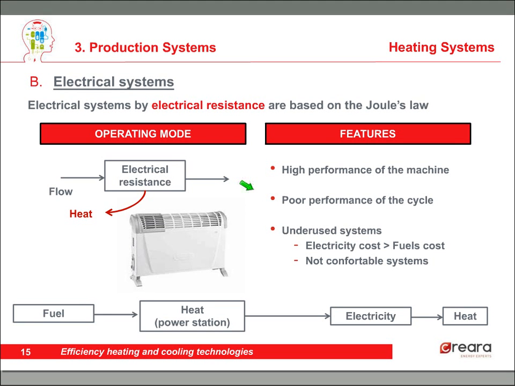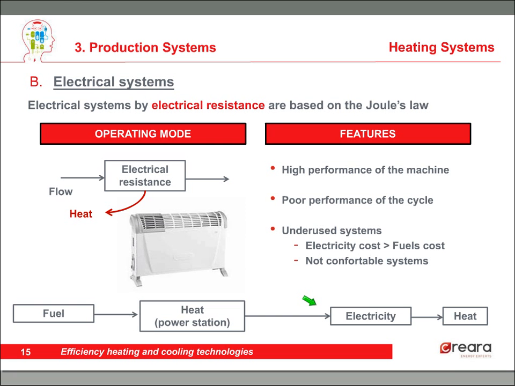The thing is that they have a very poor performance of the cycle. And what does this mean? It means that at the beginning, before having the electricity, we need to have fuel. And we burn these fuels in big power stations in the country's electricity system to make heat. And this heat is then converted into electricity and distributed through the whole country grid, with all the losses and all that.